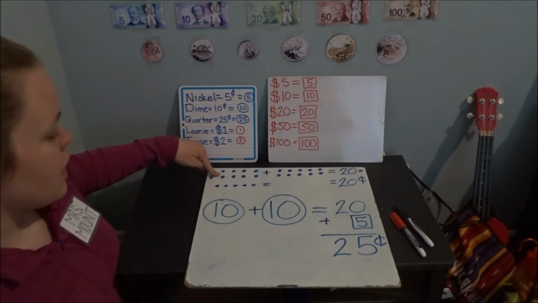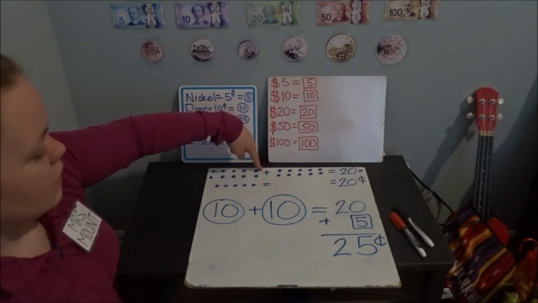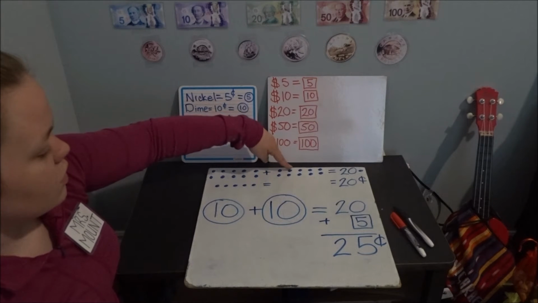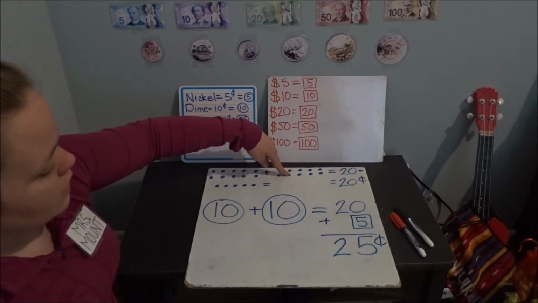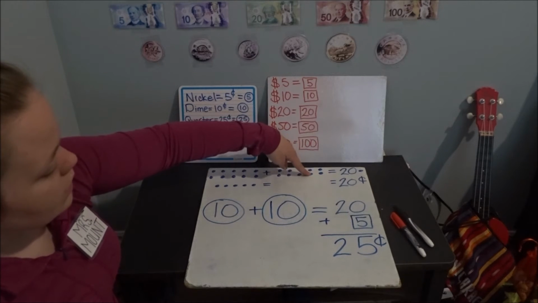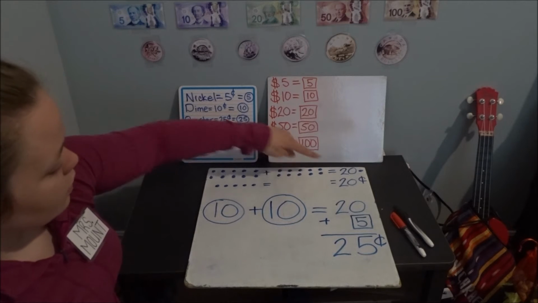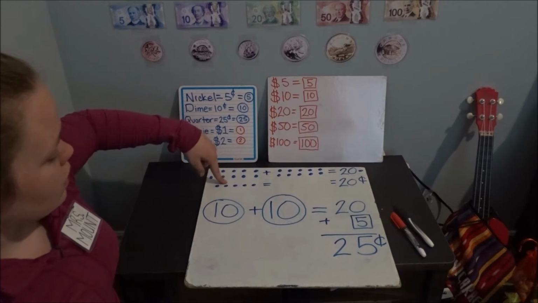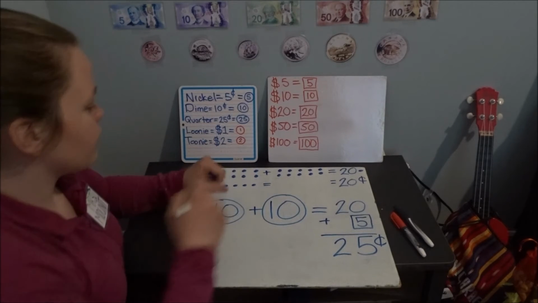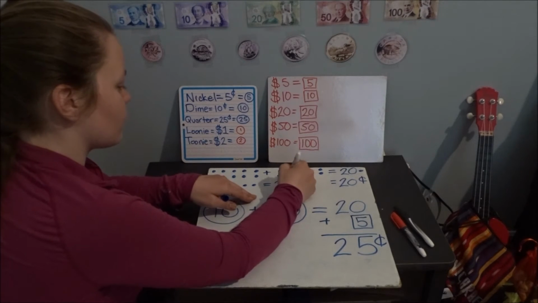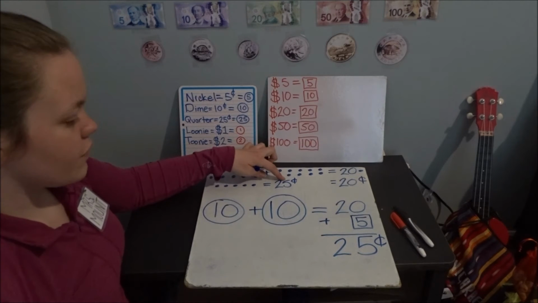Okay, so we've got 10, and we know that this is 10. So 10, 11, 12, 13, 14, 15, 16, 17, 18, 19, 20. Then we're going to go down here. 21, 22, 23, 24, 25. Way to go, friends. We made it.